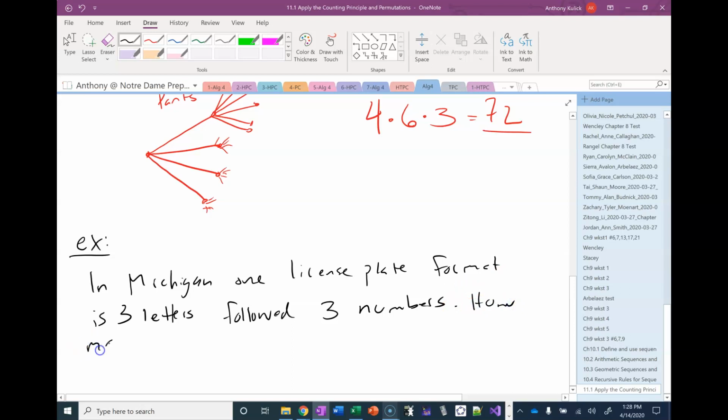How many different license plates can we make in that format?